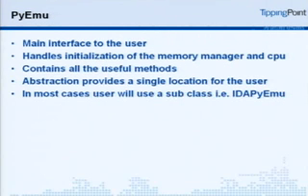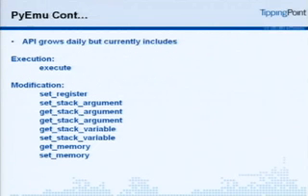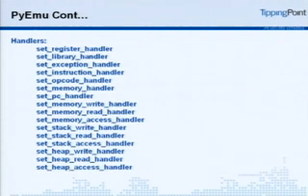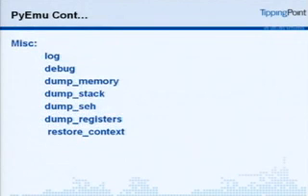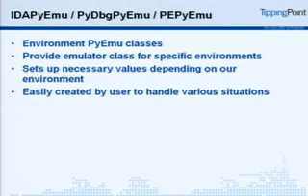As the user, you would only instantiate really the PyEmu classes. And just real quickly, we'll go into these later. These are a couple of different methods that I provide through PyEmu. You'll see handlers, modification, execute, of course. Logging, dumping, memory, stack, SEH, registers, context.